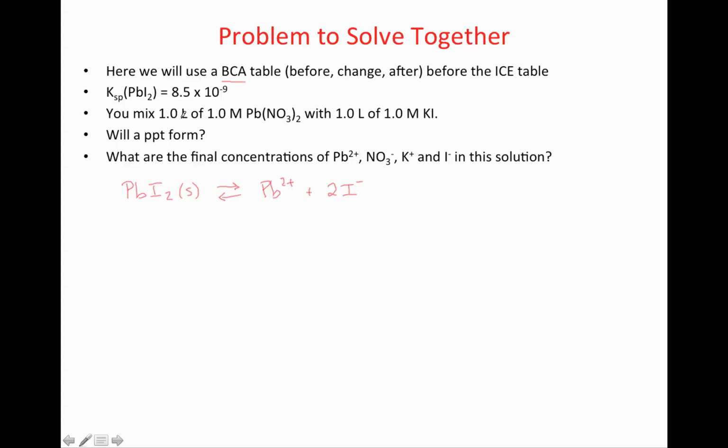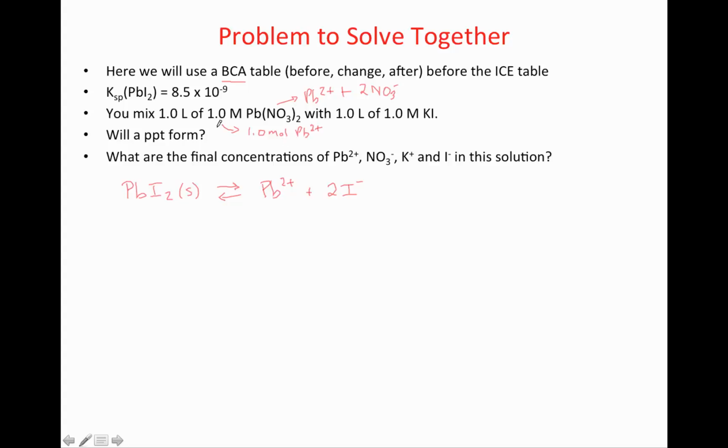But let's see. I have 1 liter of 1 molar. This is 1 mole per liter, and so this tells me that I have 1 mole of Pb2+. And now by stoichiometry, every time, well, let's just actually write it out. Every time one of these dissolves, I get 1 Pb2+ and 2 nitrates.